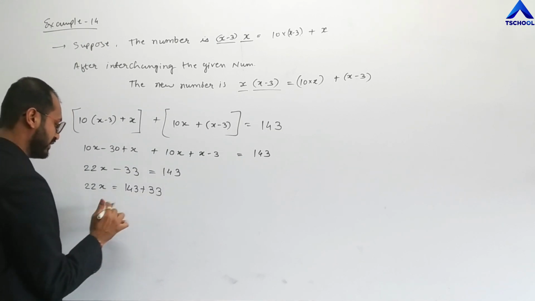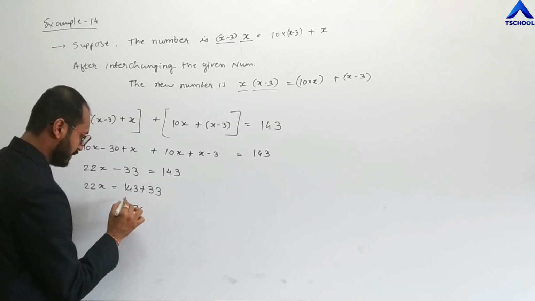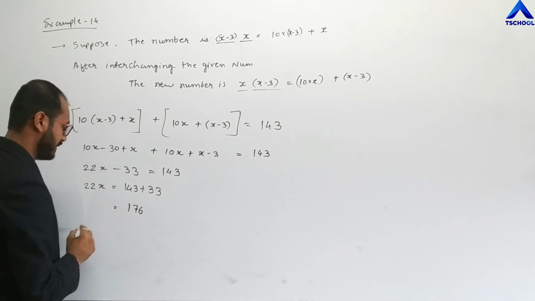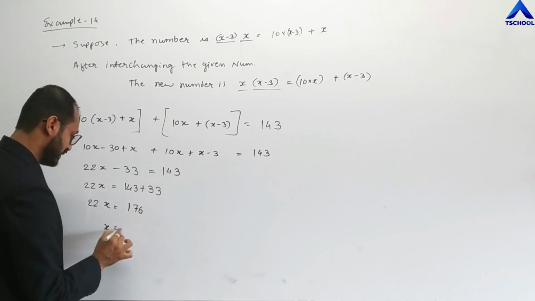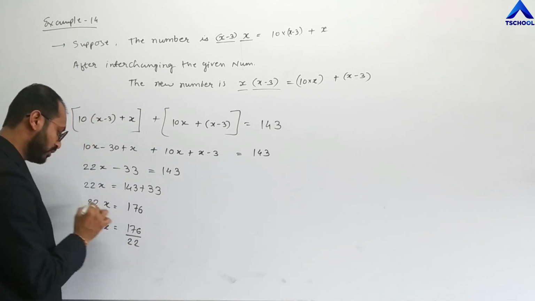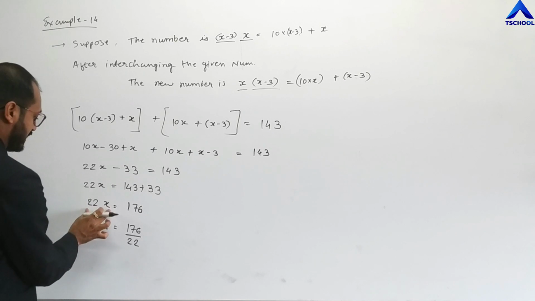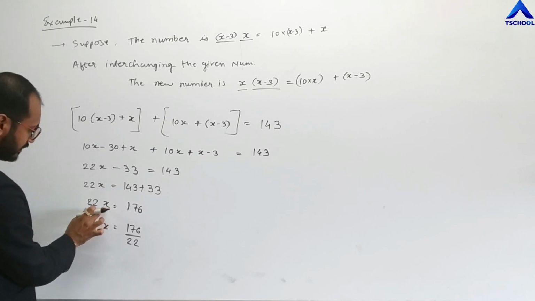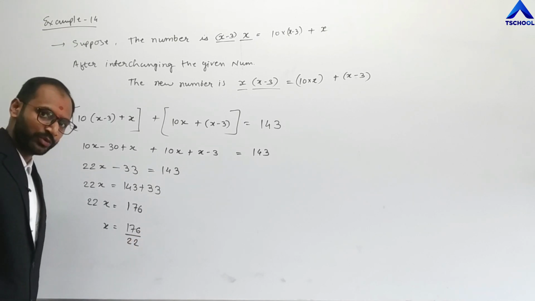So this addition gives 3 plus 3 is 6, 4 plus 3 is 7, 1 plus 0 is 1, 176. 22x equals 176. Let me divide by 22 on both sides. By dividing 22 on both sides, here 22 by 22 is 1. Remaining x equals 176 by 22.